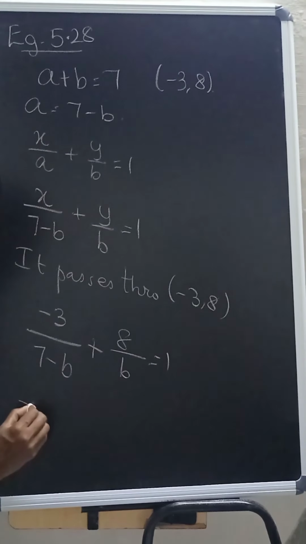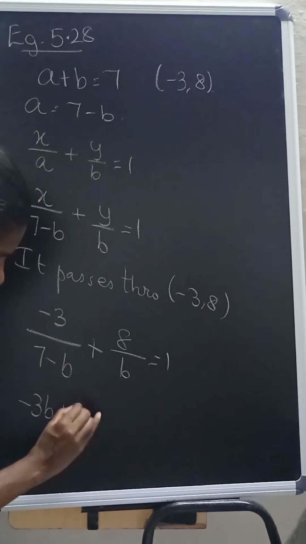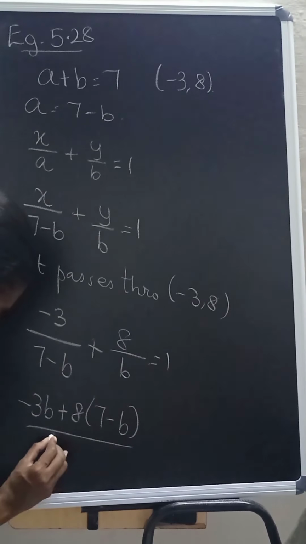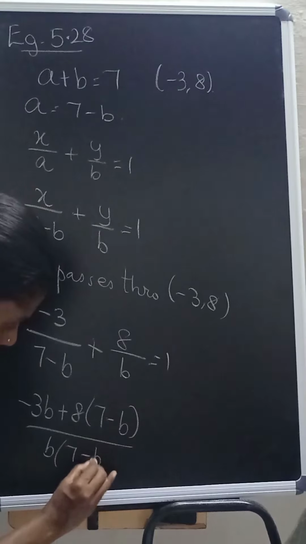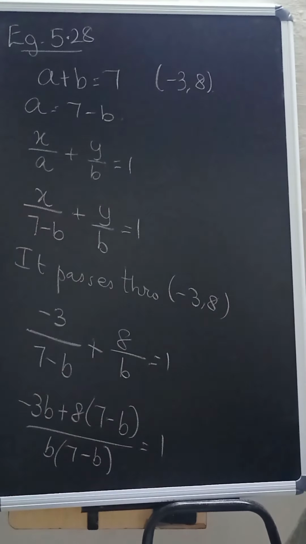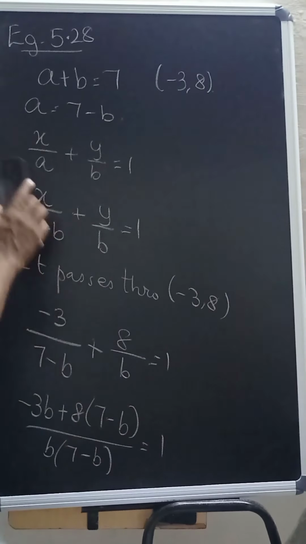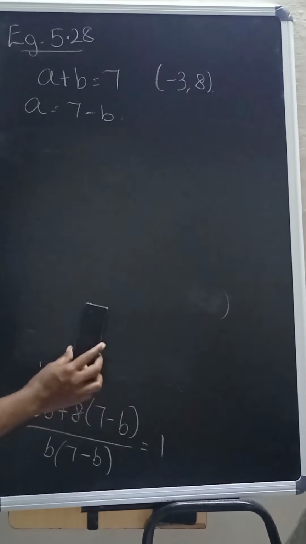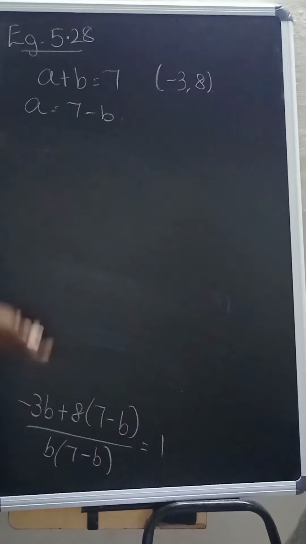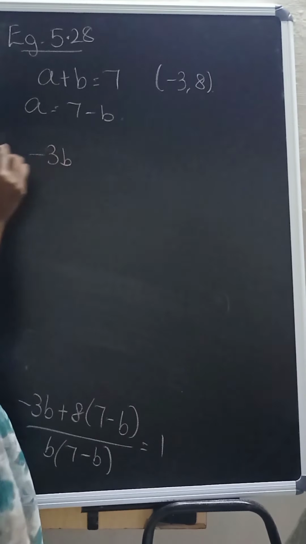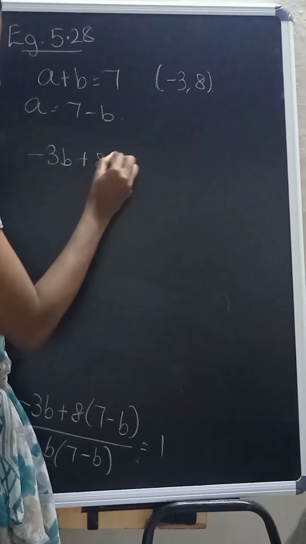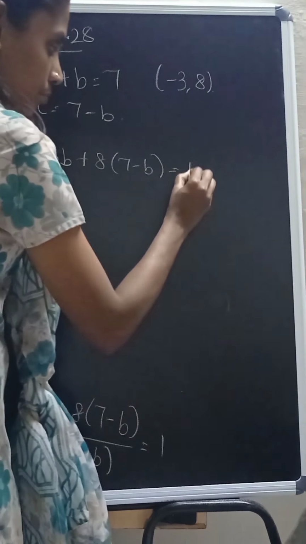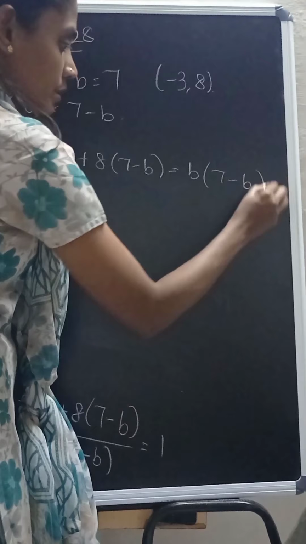Now take LCM. (-3b + 8(7 - b)) / (b(7 - b)) = 1. So -3b + 8(7 - b) = b(7 - b).